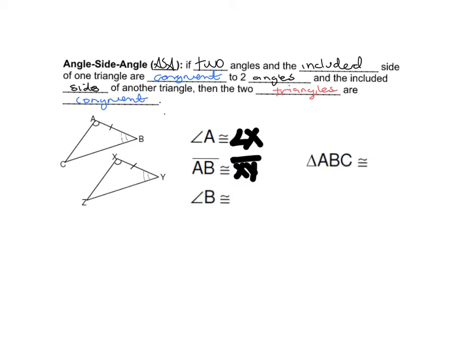And then we also see that angle B has two markings just as angle Y does. So because of all this, because we have an angle, we have a side in between another angle, then we can justify that triangle ABC is in fact congruent to triangle XYZ because of angle side angle.